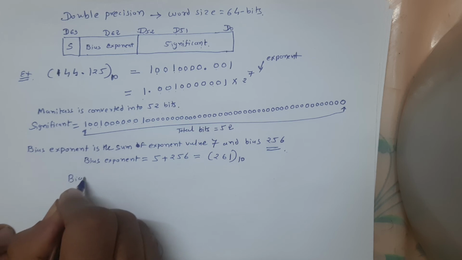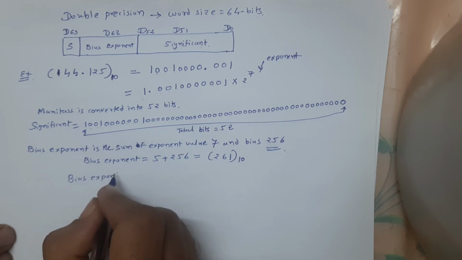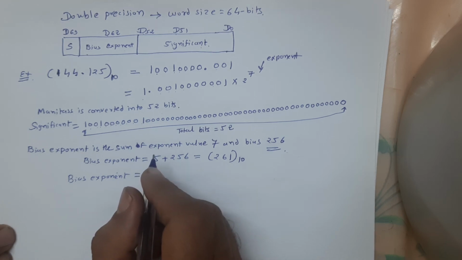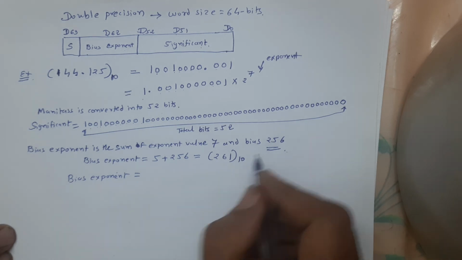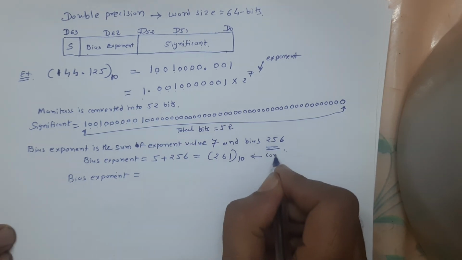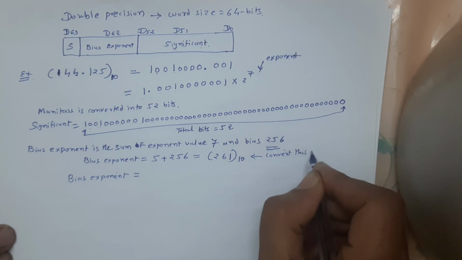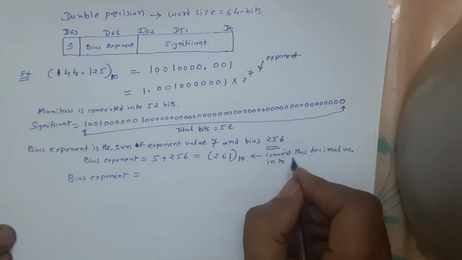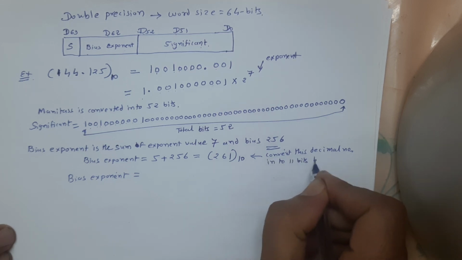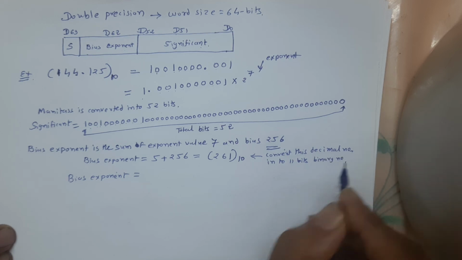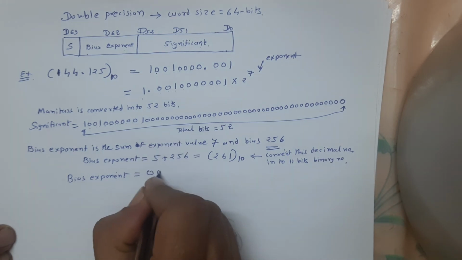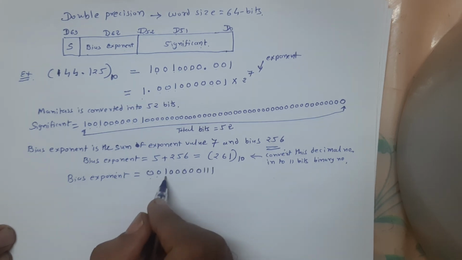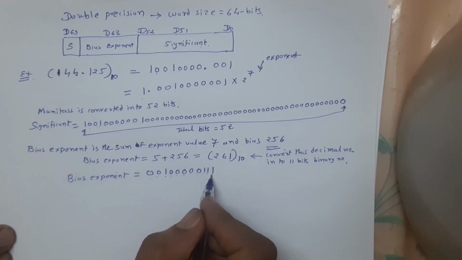So the bias exponent, converting this decimal number into an 11 bit binary number, is equal to 10000000110, 1 2 3 4 5 6 7 8 9 10 and 11.